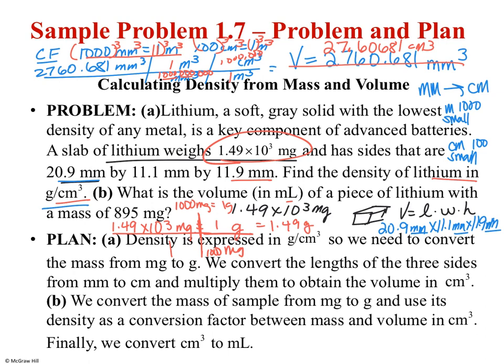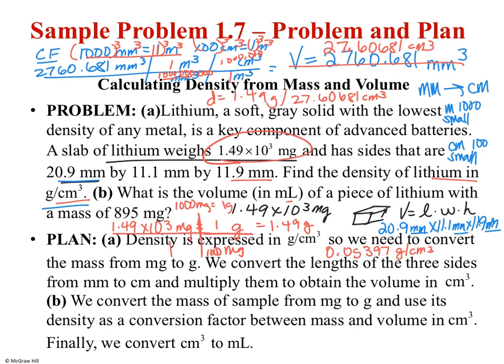I'm running out of space here. The density is 1.49 gram divided by 27.60681 centimeter cubed. So you take the 1.49, divide by 27.60681, and the density for part A is 0.05397 grams per centimeter cubed.